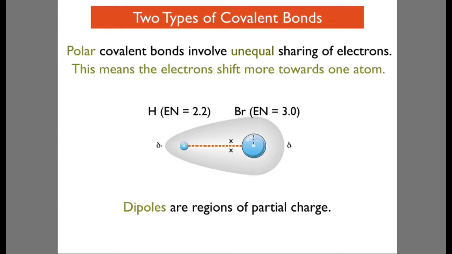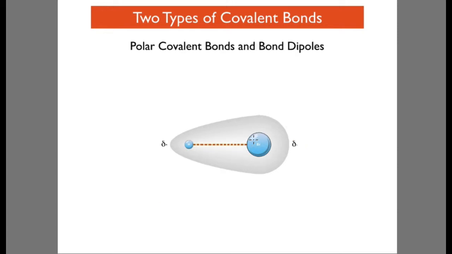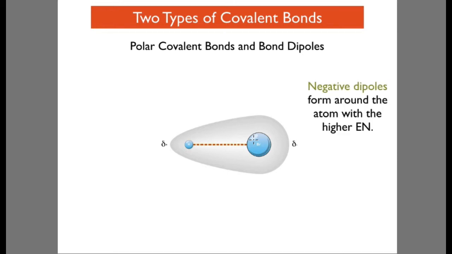Dipoles are regions of partial charge. And look at the symbols we use. We use delta plus for a region of partial positive charge and delta negative for a region of partial negative charge. The negative dipoles form around the atom with the higher electronegativity.